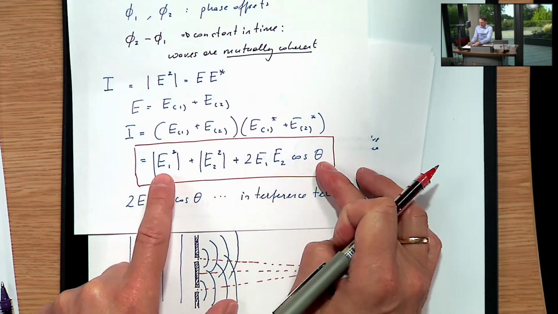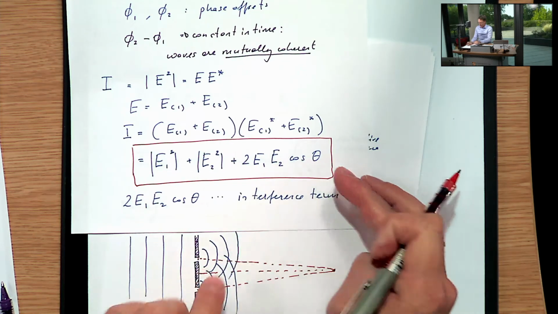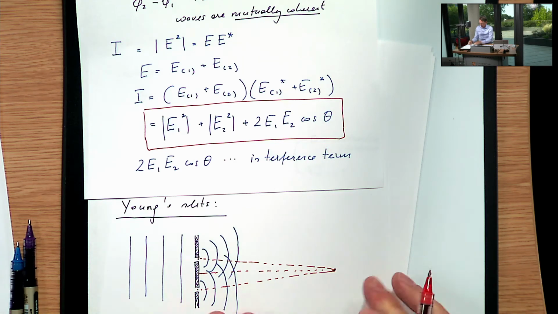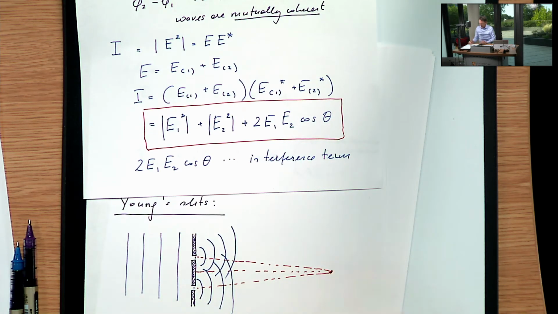This will be 2I, so we get 2I plus 2I, so the intensity at this particular point will be 4I.